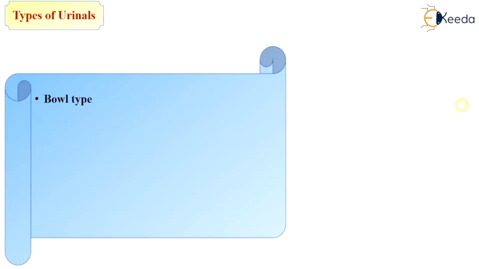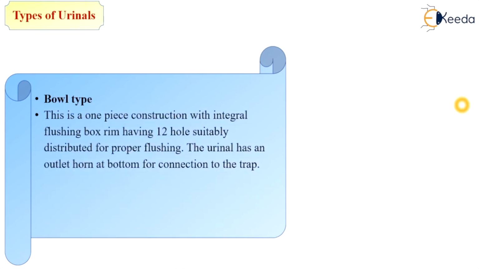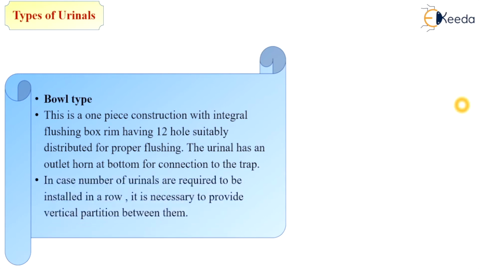Again, there are different types of urinals available in markets. First is the bowl type urinal. This is one-piece construction with an integral flushing box rim having 12 holes suitably distributed for proper flushing. The urinal has an outlet horn at the bottom for connection to the trap.